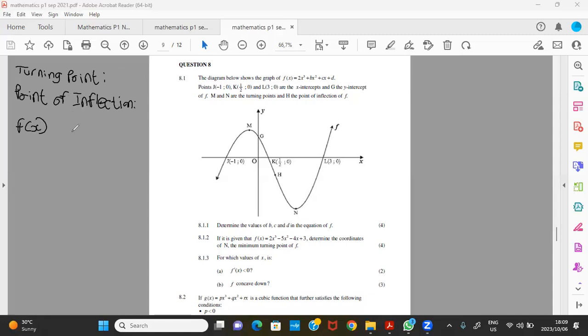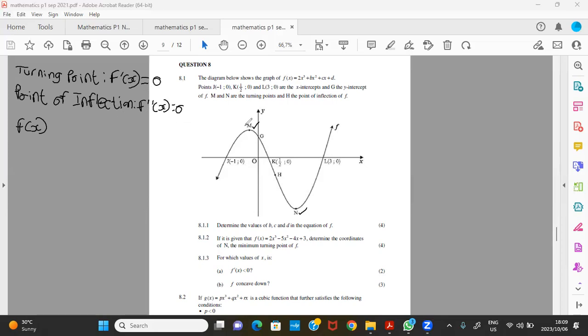For us to find a turning point, we are going to have to derive f, take it to the first derivative and equate it to zero. That's how we are going to find these two. And for the point of inflection, we are going to take f to the second derivative and equate it to zero. I think that's what you are trying to say about point of inflection.